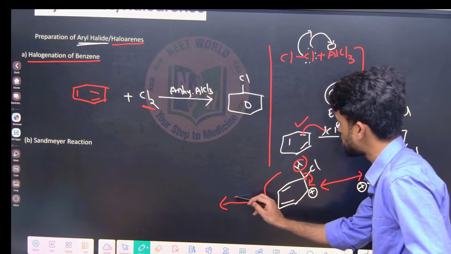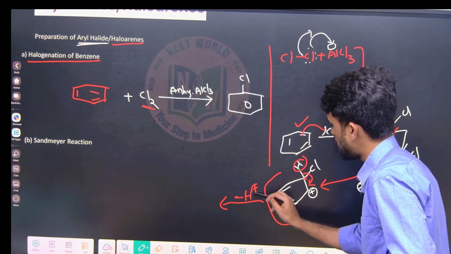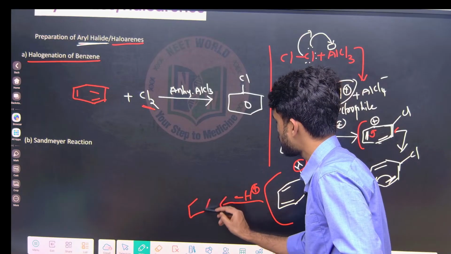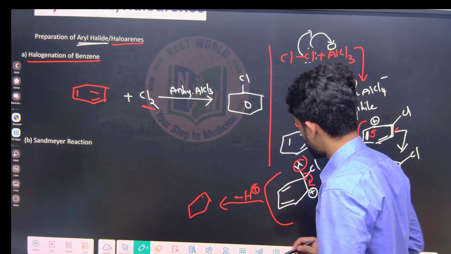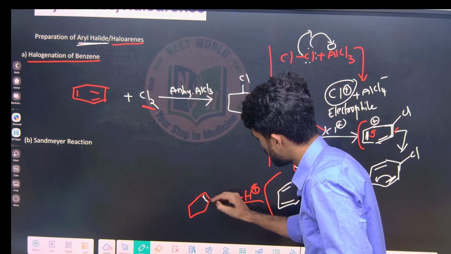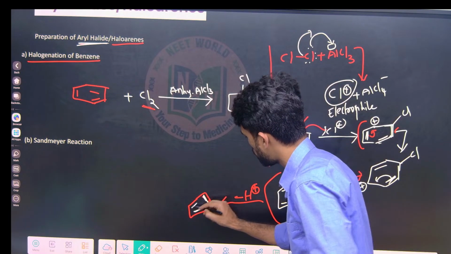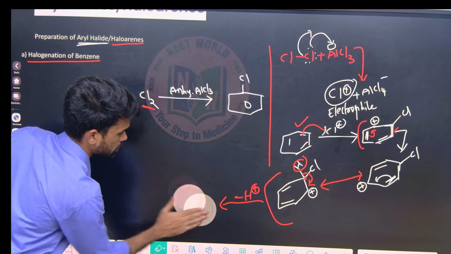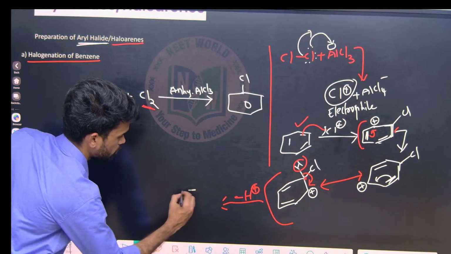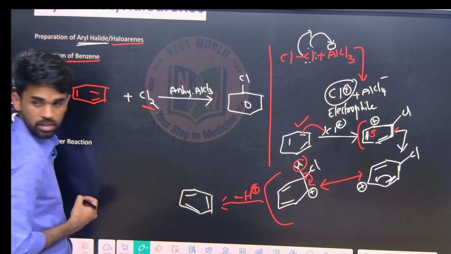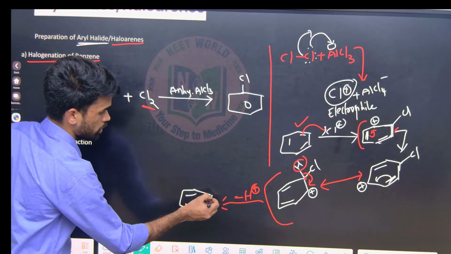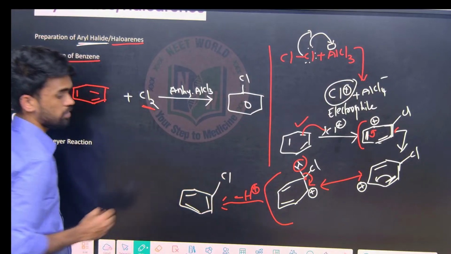So deprotonation takes place and finally gives a double bond, one more double bond, one more. If you want I will write it clearly here, just see. Like this, here you have one chlorine. So this is nothing but our chlorobenzene.